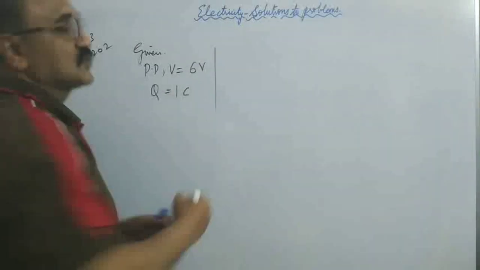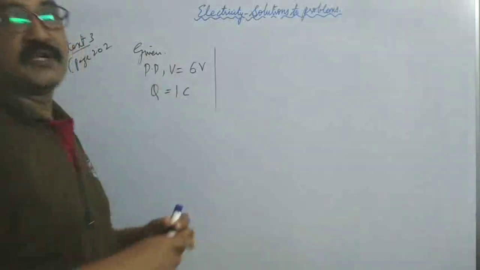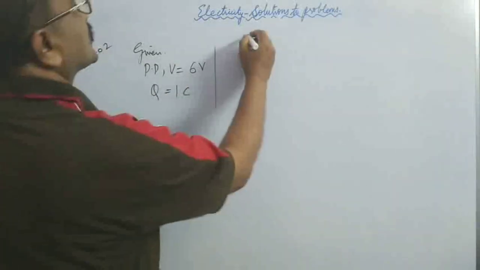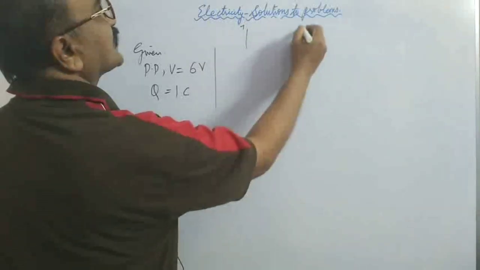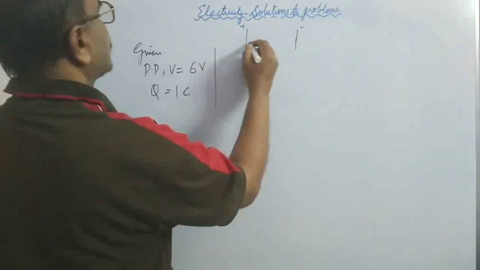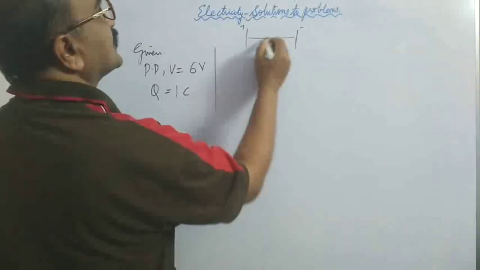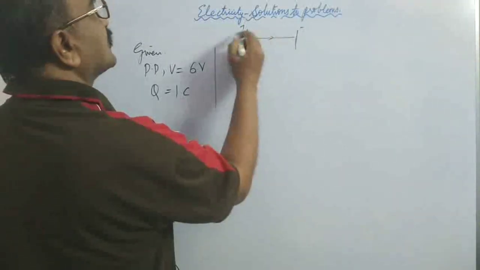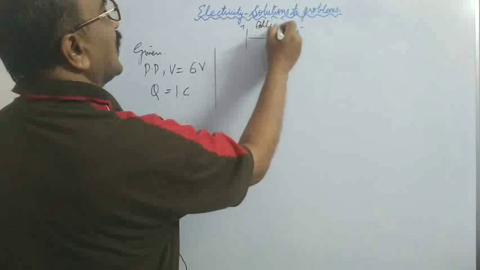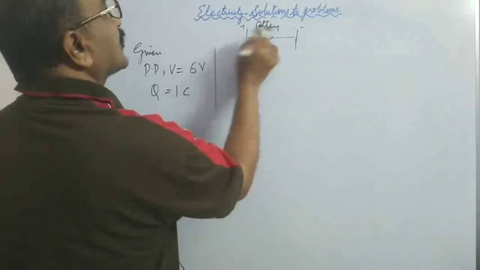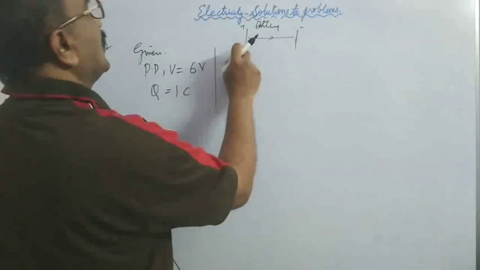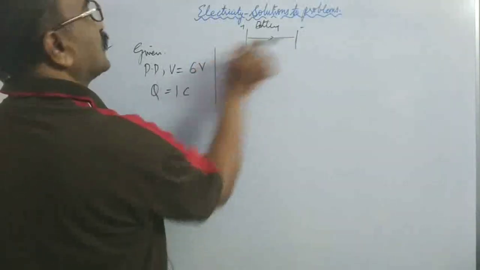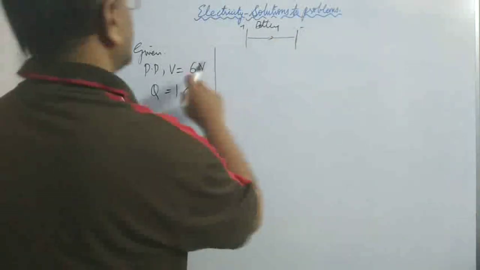So how much work is done, or how much energy is required to move the charge? This is a terminal, and that's another terminal, so charge is flowing between the terminals of the battery. How much chemical energy is utilized to move 1 coulomb of charge from here to here if the potential difference between the 2 terminals is 6 volts?